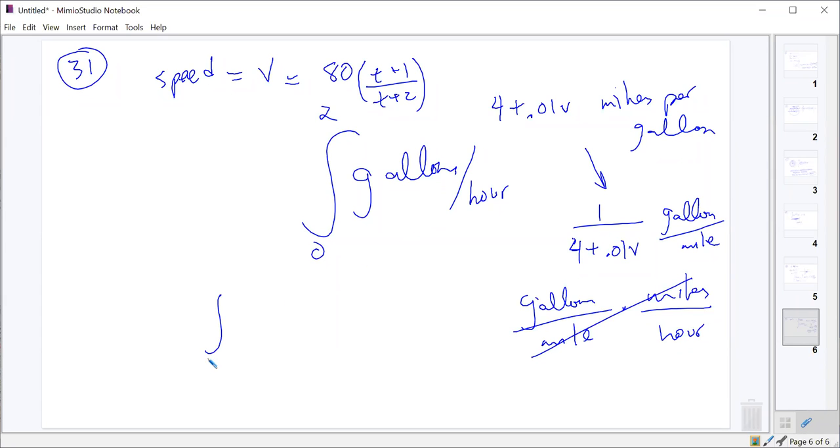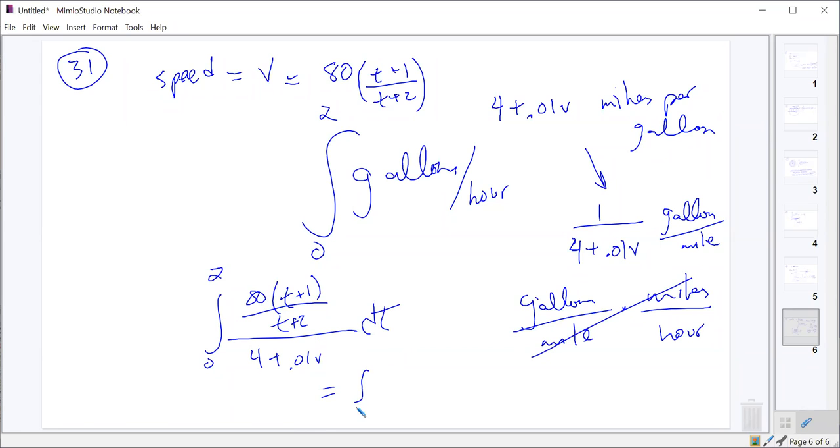So gallons per hour ought to be 1 over 4 plus 0.01 v times miles per hour, which is 80 times t plus 1 over t plus 2. So we're going to have 80 times t plus 1 over t plus 2 all over 4 plus 0.01 v dt. And then this v will replace with 80 times t plus 1 over t plus 2.